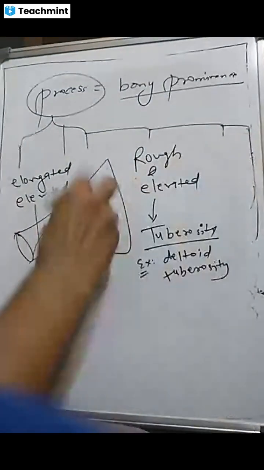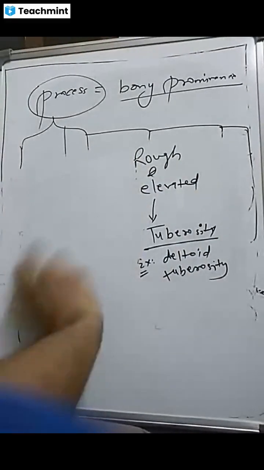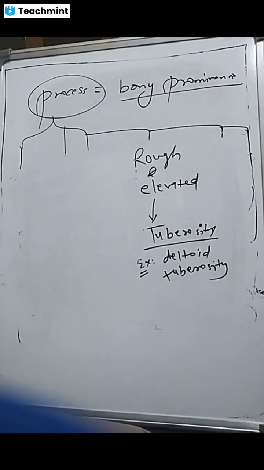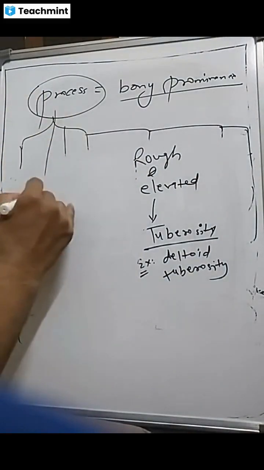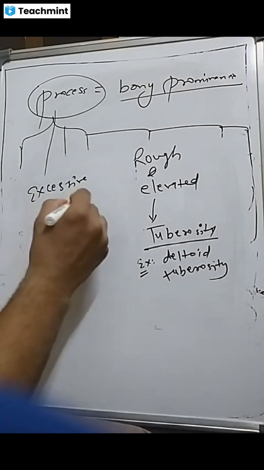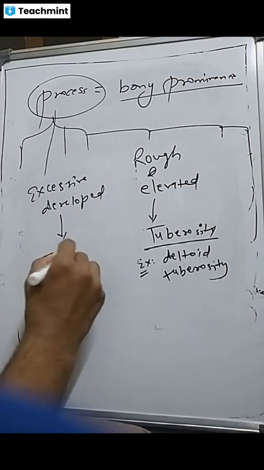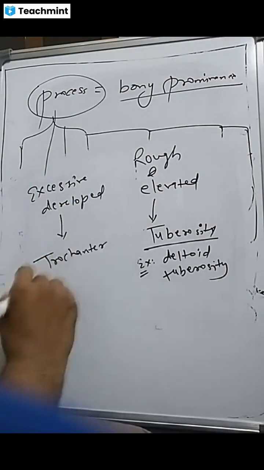There is one more. When this process is excessively developed, then the term used is the trochanter.